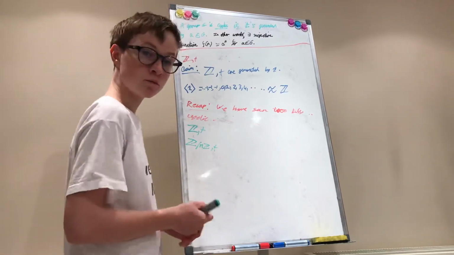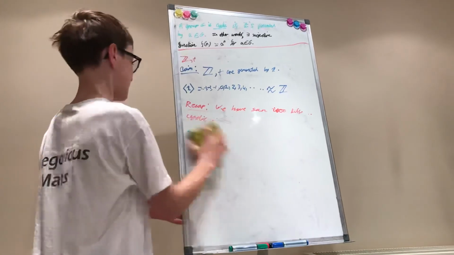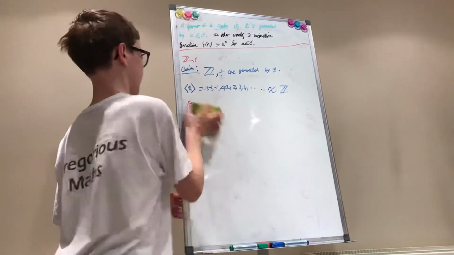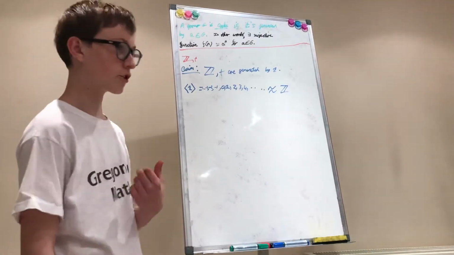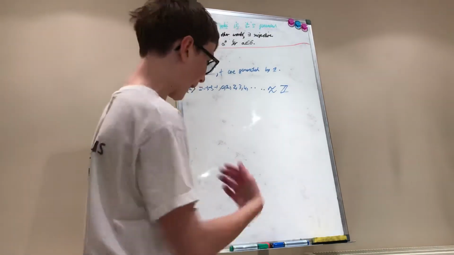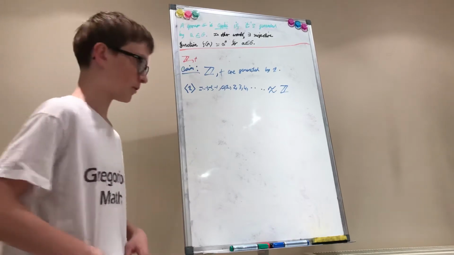Are there any more? Nope. There are no more. That's all of them. So the only cyclic groups there are the integers, the integers mod 2, the integers mod 3, the integers mod 4, and so on. And those are all of the cyclic groups.